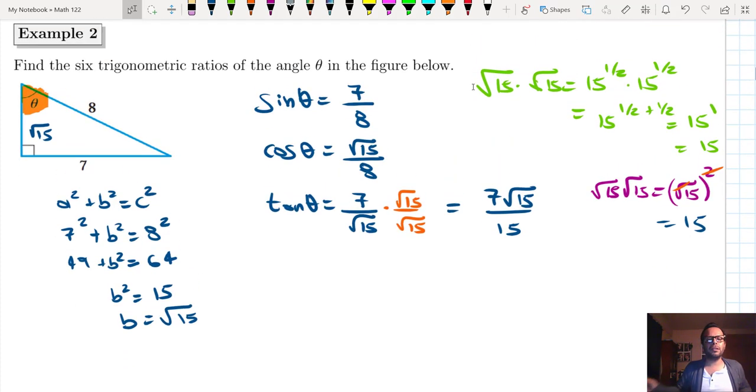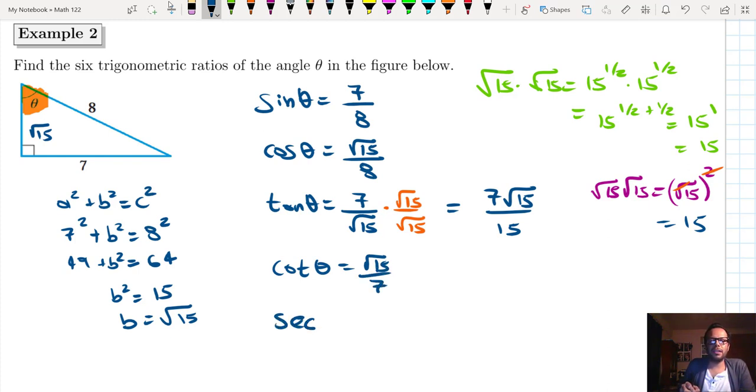Okay, let's keep moving on with the other trigonometric functions. That's cotangent theta, which in this case is adjacent over opposite, the reciprocal of tangent: the square root of 15 divided by 7.